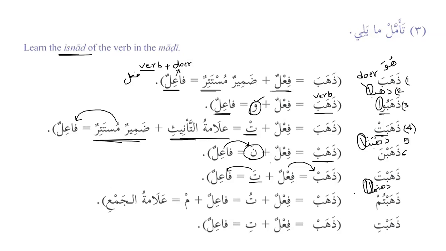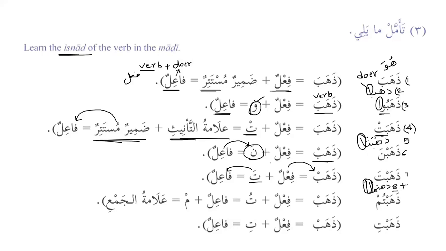So here we have number 7, and then here we have number 8. And we know that 8 happens to be twice, and similarly 2 happens to be twice. Dhahaba and dhahabata, and similarly dhahabtuma happens twice. So basically it will be 8 plus 9.